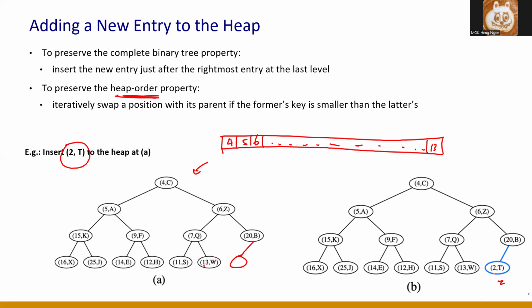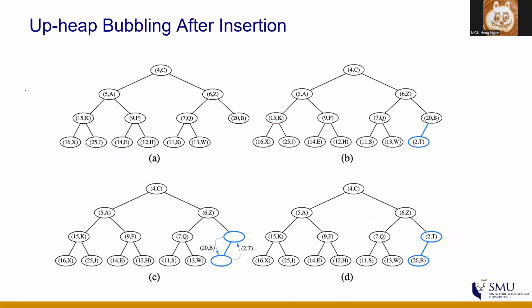So adding a new node at this particular position in blue is as simple as inserting the new node here, the last position, correct? Basically, this will automatically be the child, in this case the left child, of node number 20, this one. Now, the problem is this second requirement is not met, so we have to do something extra.